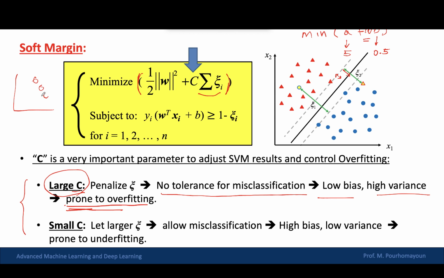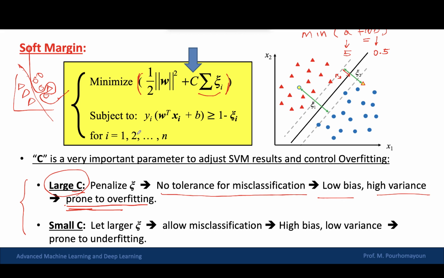So these are some samples that you have. When your model is not overfit, it can be a line like that, for example. But when your model is overfit, it does not tolerate any misclassification. So you come up with some classifier like this. This is an overfit model.